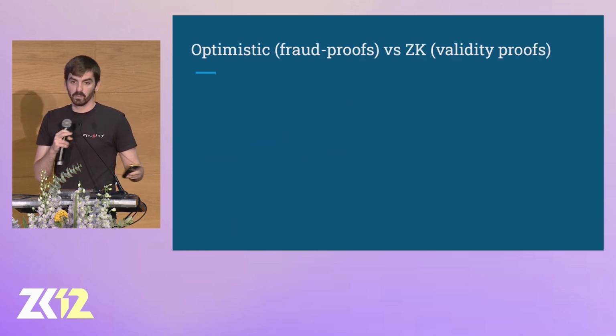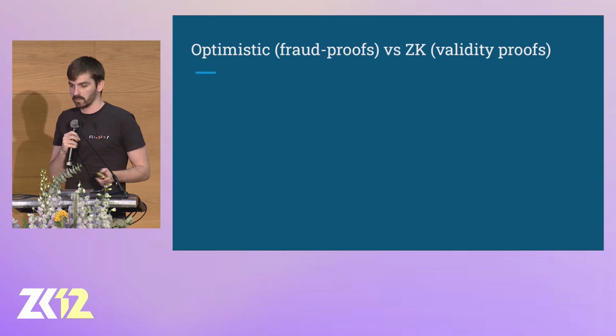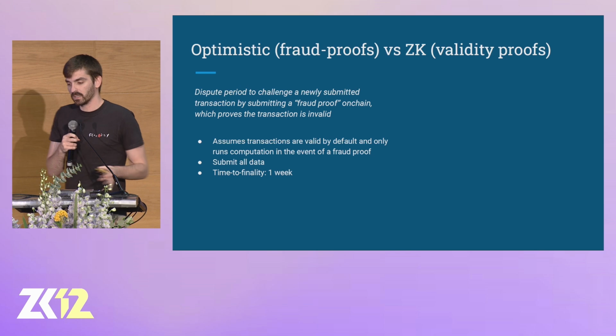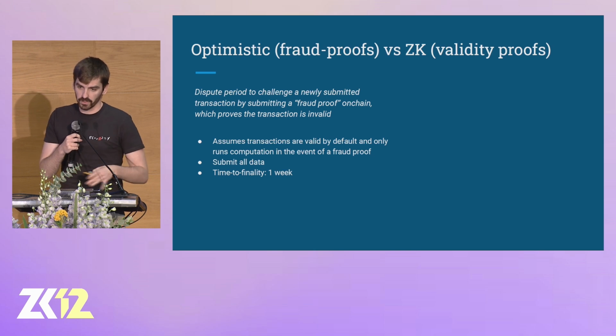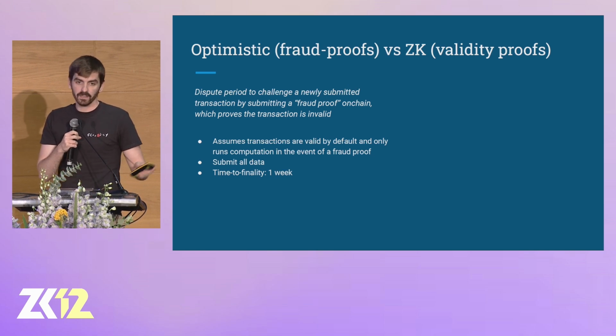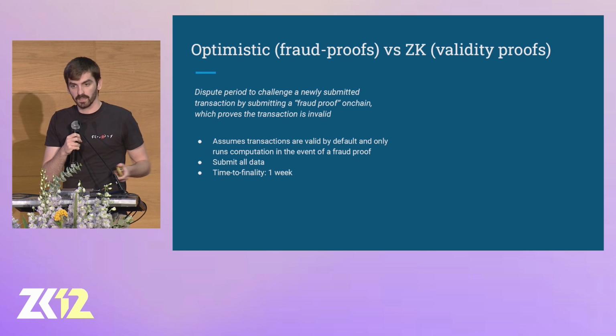And we have two main types of rollups. Optimistic rollups basically secure their transactions with fraud proofs in an optimistic way. So they assume that all transactions are valid by default and only run some computation, a fraud-proof mechanism basically, in the event that some observer says that some of the execution was not correct.